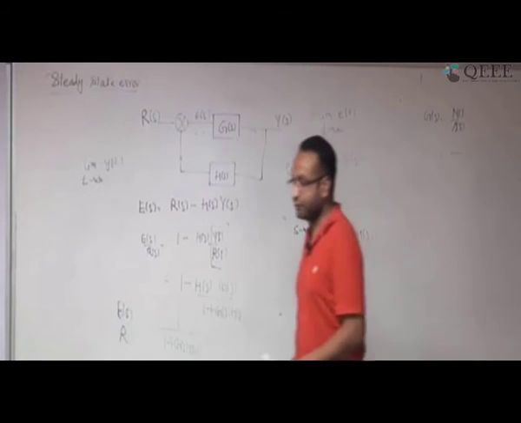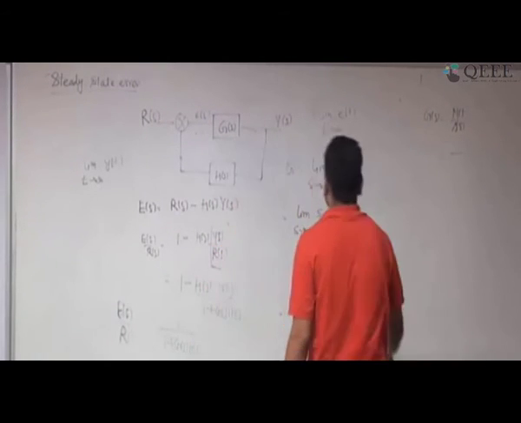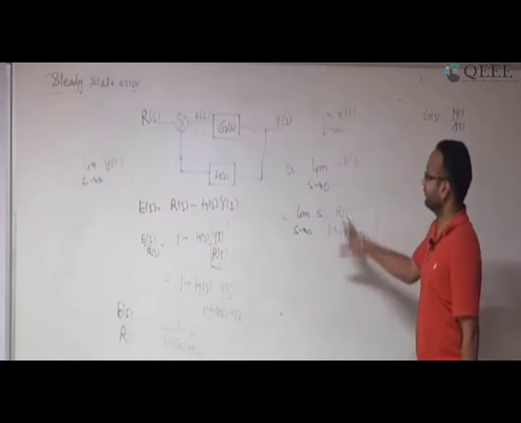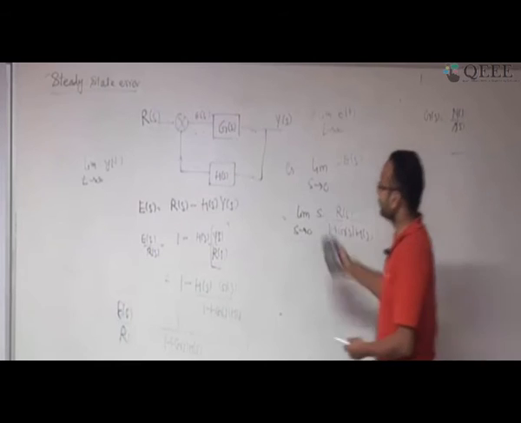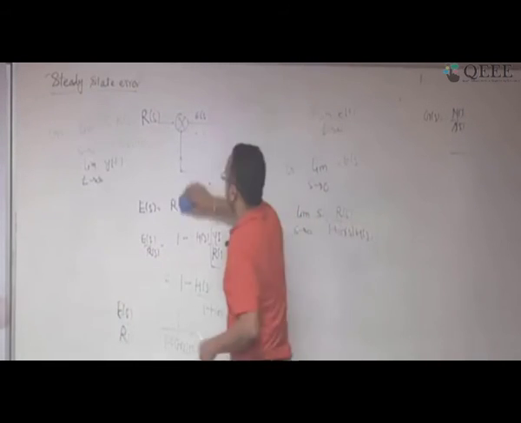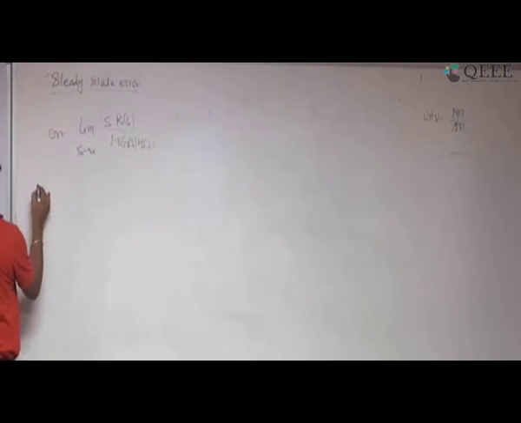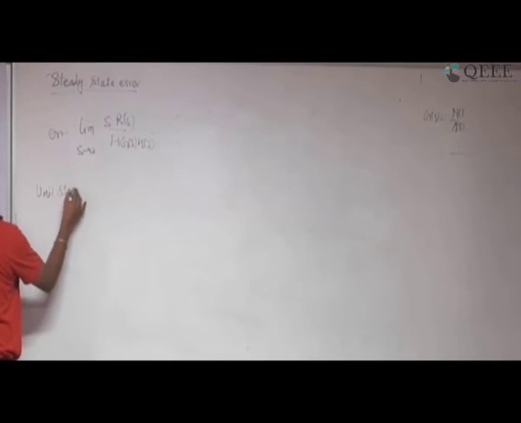Okay. Now we will see how this steady state error acts for different kinds of input. Okay. So this diagram is clear to all of you. Now if I take my input as a unit step input, then what will happen? Input R of S is going to be 1 by S, correct?